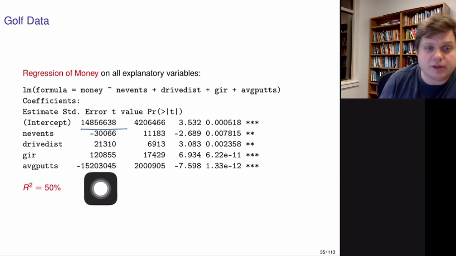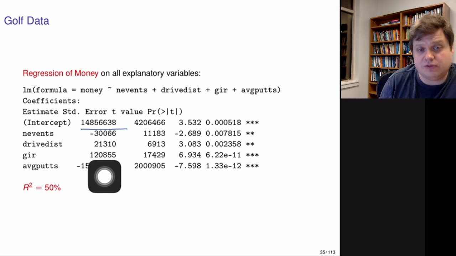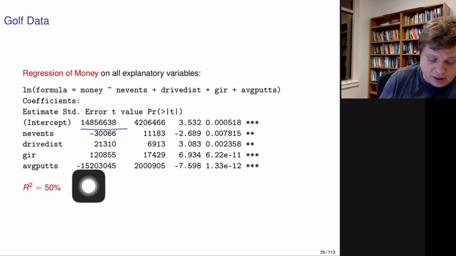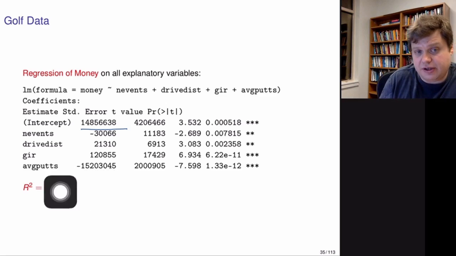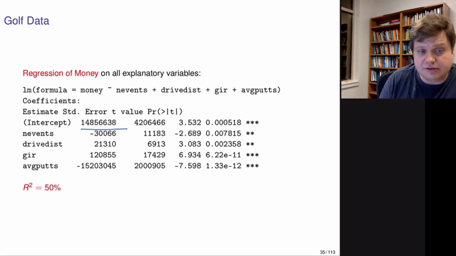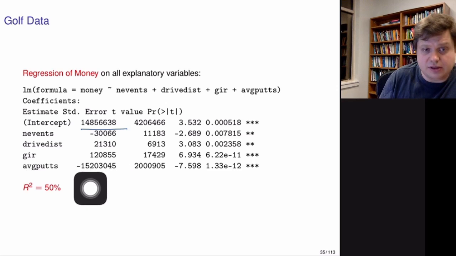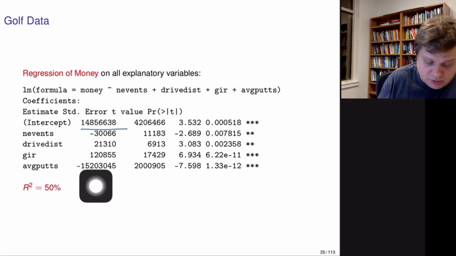And greens in regulation has a huge impact, of course. The smaller the number of attempts you need to bring the ball onto the green, the better. And of course, average putts has a negative effect, so the more attempts you need at the very last part of the game, the less likely you are to win a tournament.